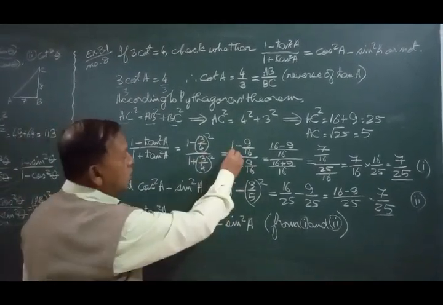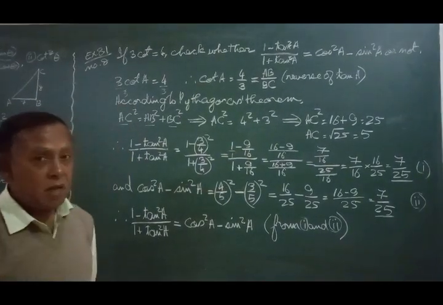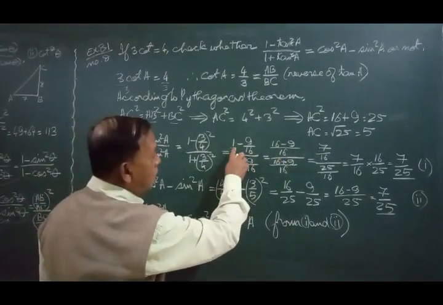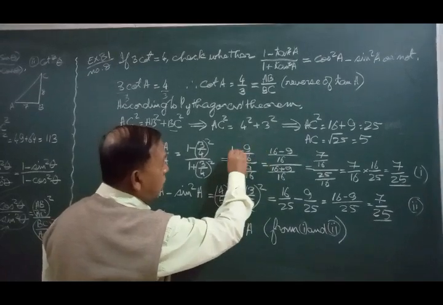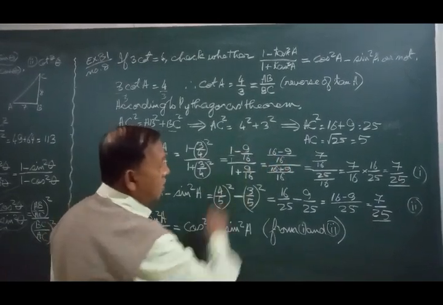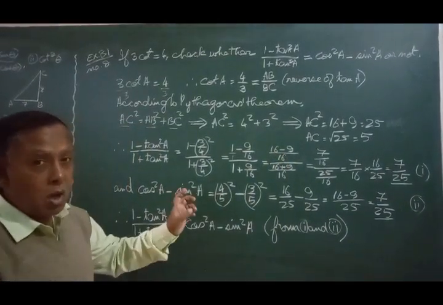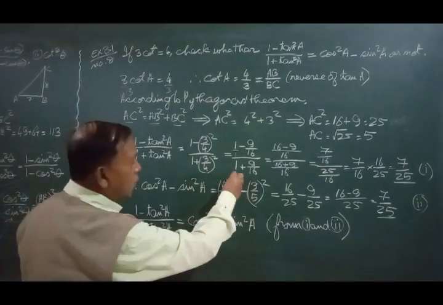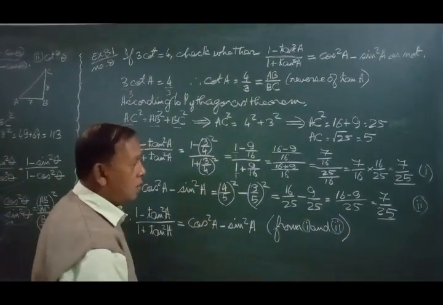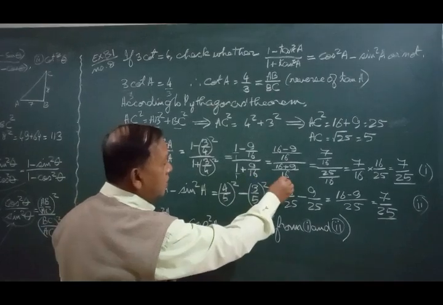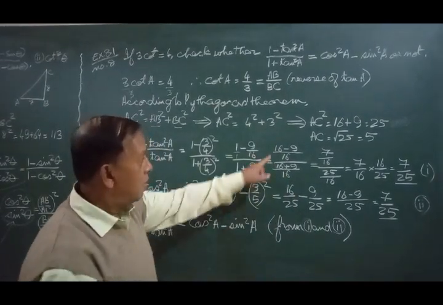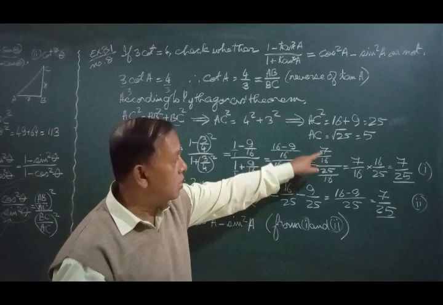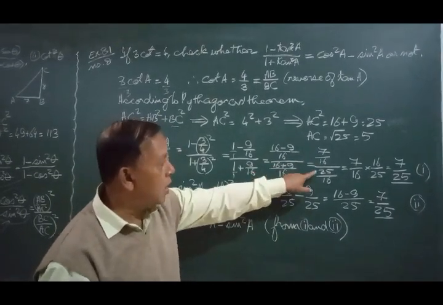Now here 1 is the same as 1 upon 1, therefore LCM 16. One is a whole number, the other one is a fraction. Similarly also here, and we have 16 minus 9, 7 upon 16, and 16 plus 9, 25 upon 16.